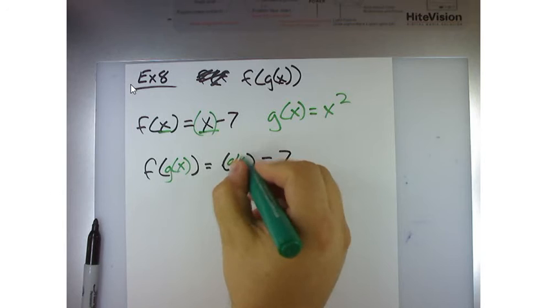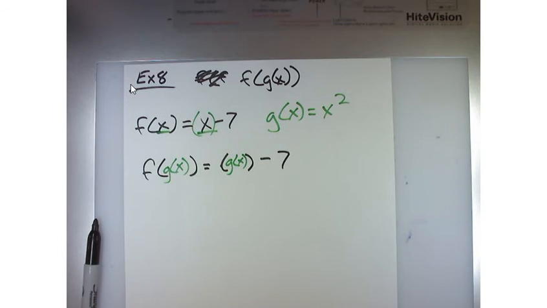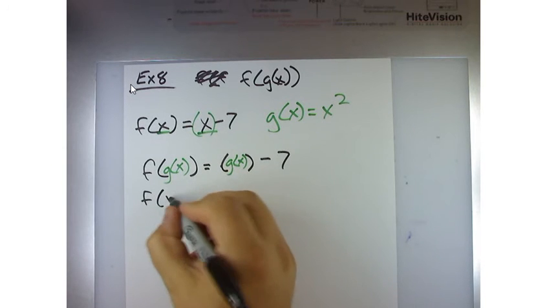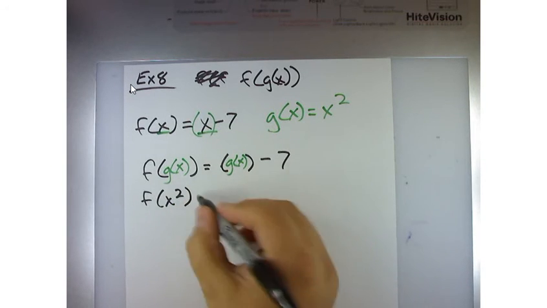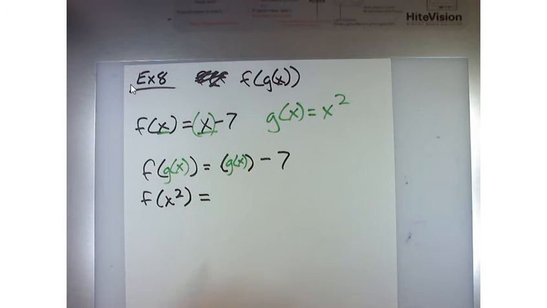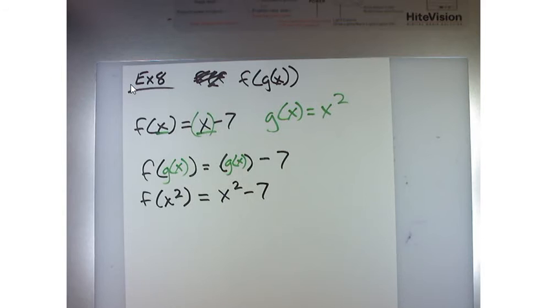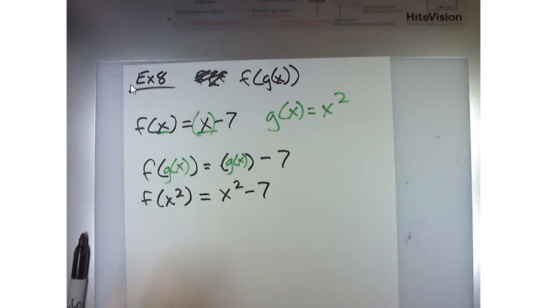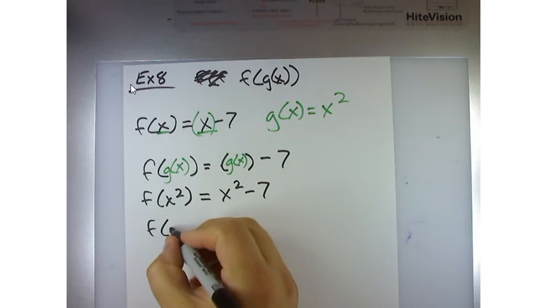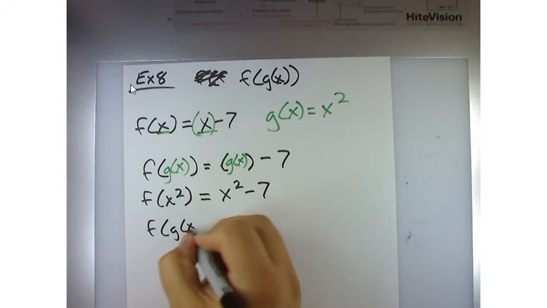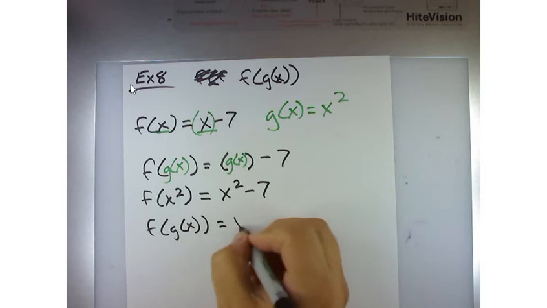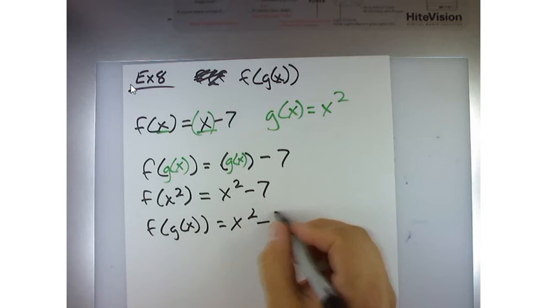Do you guys see what I did there? Now what's g of x though? X squared. So what I'm really trying to do is figure out what is f of x squared. So if I write that all in one color, what I would be saying is that the composite function of f of g is equal to x squared minus 7.